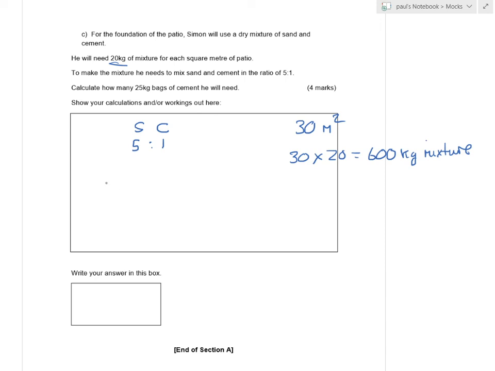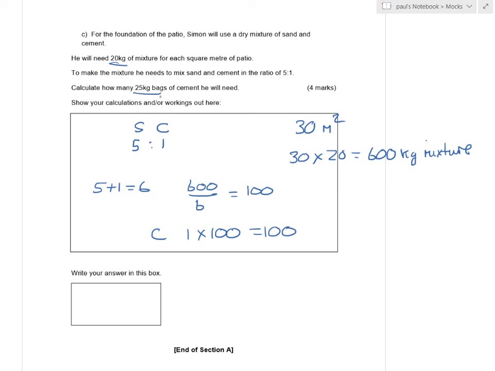So the mixture, 5 plus 1 equals 6. So we've got 600 kilograms divided by 6 equals 100. So there's 100 kilograms per part of the ratio. The cement is 1 times 100 kilograms equals 100.